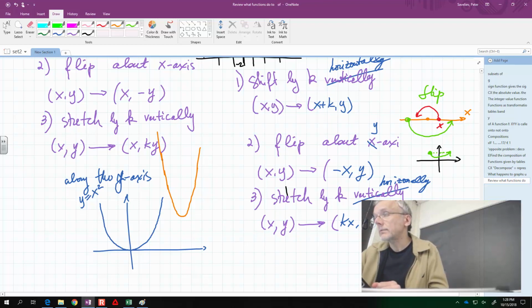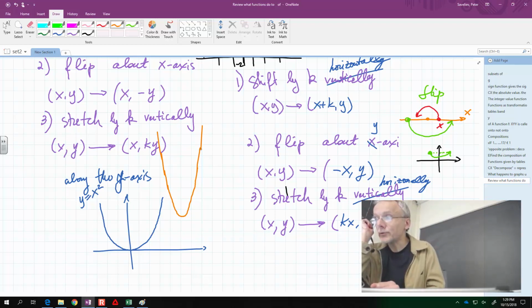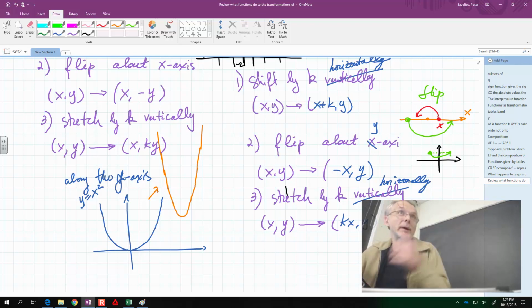I could make it as long as I want. So which one is it? Stretch vertically. Why not shrunk horizontally, since it is getting narrower? It's a trick question. The trick question is that there is no answer. It could be either way. You don't know.